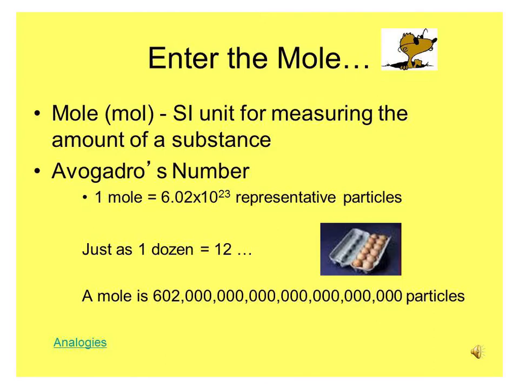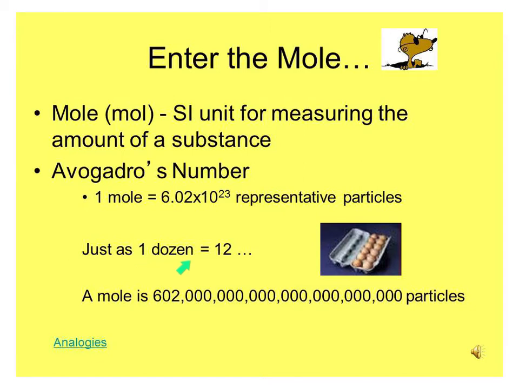The mole contains a distinct number of particles, right? It doesn't matter what the particles are, it has the same number of particles in one mole. And that particle number is Avogadro's number, which is 6.023 representative particles, which could be atoms, molecules, formula units, whatever, in one mole.